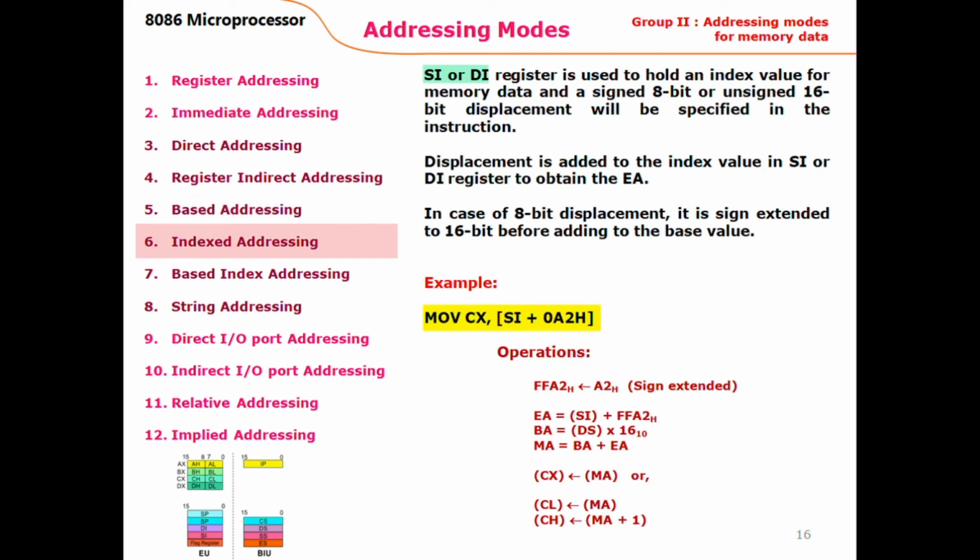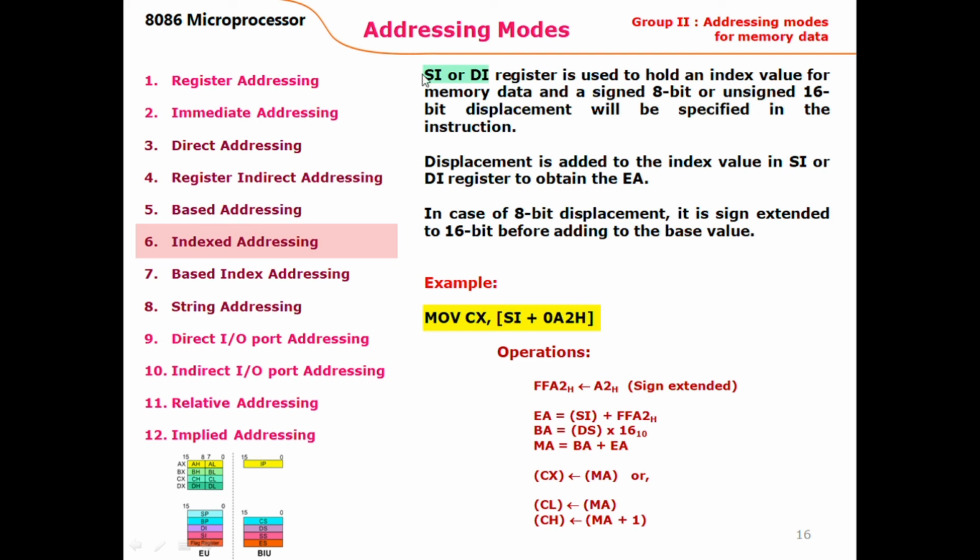Index addressing. It is similar to base addressing mode, but it is different in providing the base value. In the base addressing, the base value is provided by the base register, BX register, while here the index is provided by the source index or destination index register.